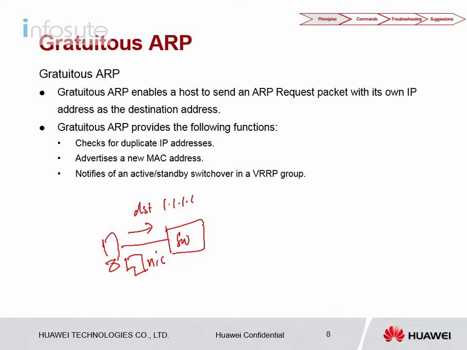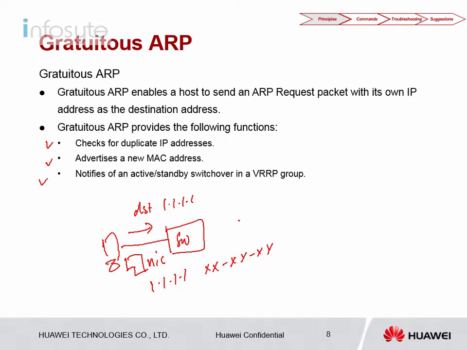So it's going to tell the rest of the network, hey, my IP address is 1.1 and I have a new MAC address. So that's the second reason why you want to use a gratuitous ARP.